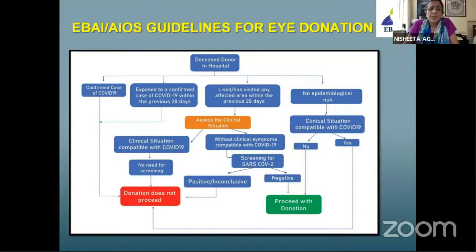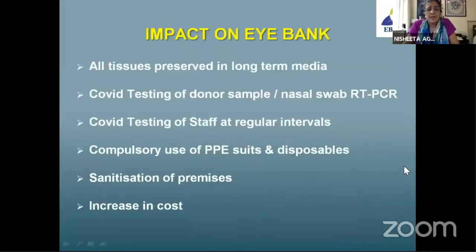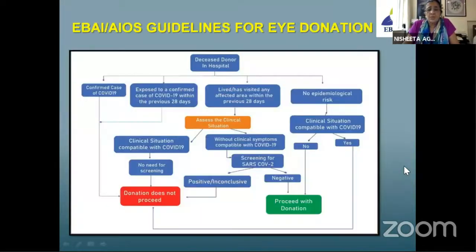Coming to the worldwide guidelines that have been set up for eye donation during this COVID period, the EBAI and AIOS guidelines were very helpful in allowing us to discuss and check which eyes to go and collect, and which eyes we ought to refuse right there on the phone.